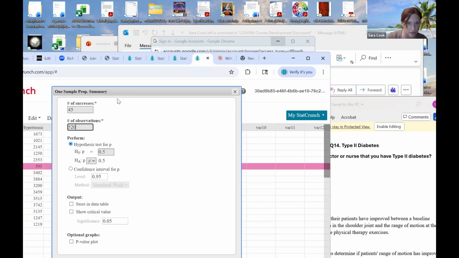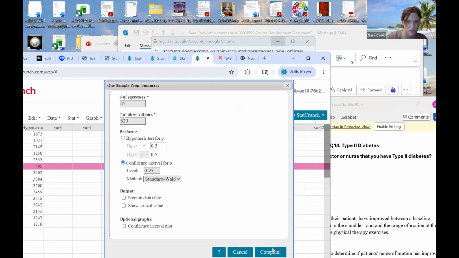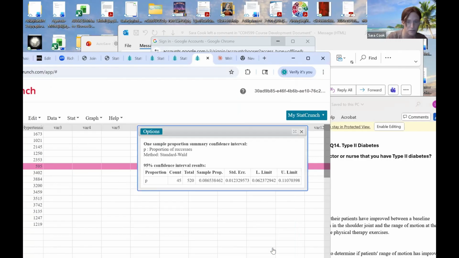Okay. And then just like before, we can do a confidence interval for the proportion. We get here the sample proportion. This is the prevalence estimate. This is basically how many people were type 2 diabetic, 8.6 some percent. And then we have a lower confidence interval and an upper confidence interval saying that in the true population, the estimated proportion who are type 2 diabetes would fall somewhere between 6.2 and 11%.